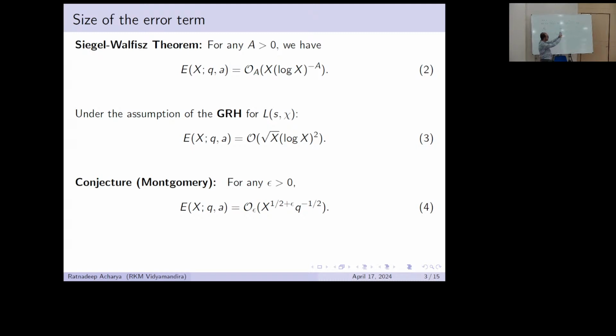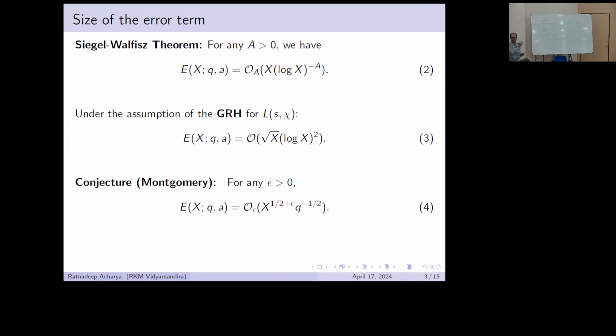Now forget the size of these error terms. In an asymptotic equation, when can we say that it is non-trivial? If the size of the error term is less than the size of the main term.